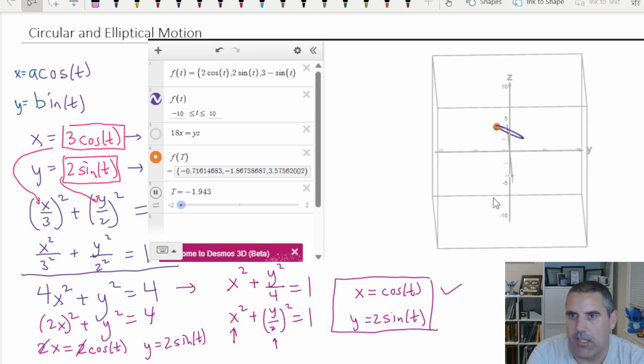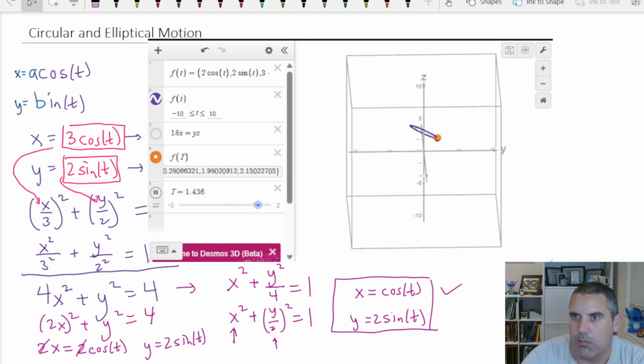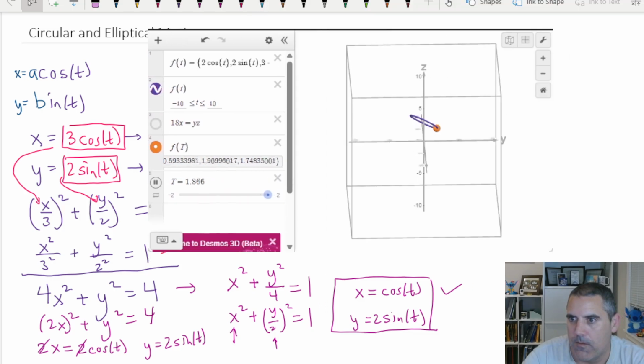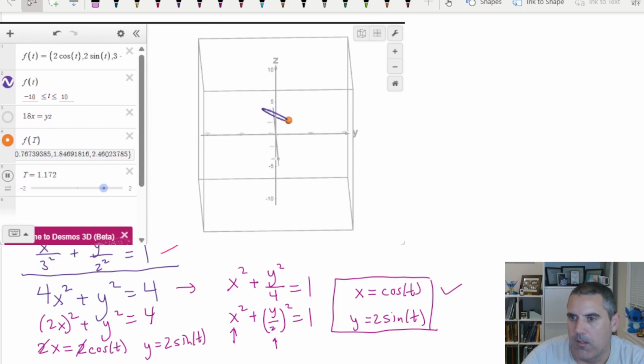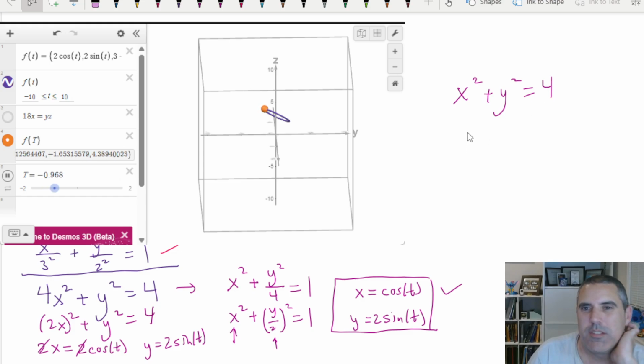So if I wanted to say, I don't want just anything, I want a particular one, then I could just say what I want my equations to be. So I'm going to move this over. And let's say I wanted the intersection. I would like to study x squared plus y squared is 4, as well as the intersection with some random plane.